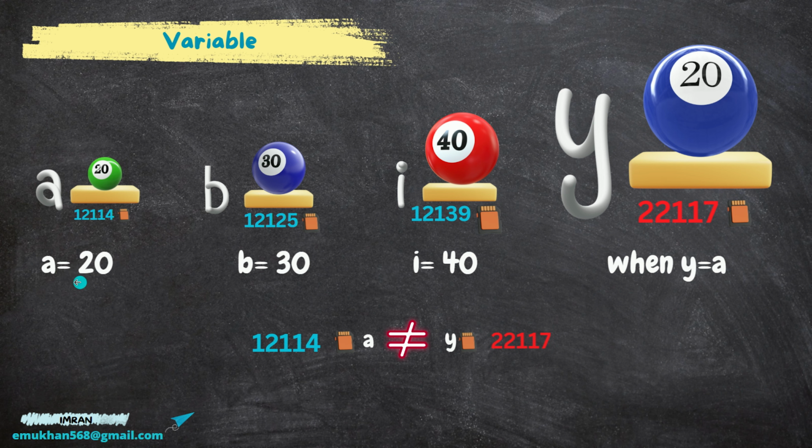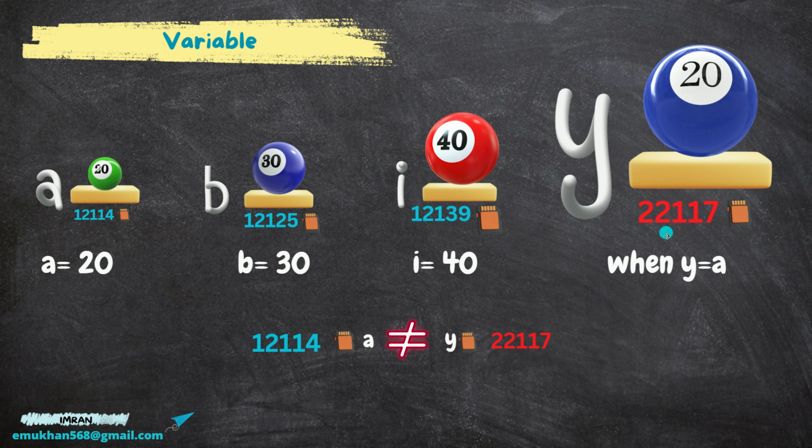You can see that the value of a is 20, the value of b is 30, and the value of i is 40. So here is another variable named y. Its value is 20, so there is another variable which has the same value, 20. The value of a and y is the same, but if we see the location, it is not the same.